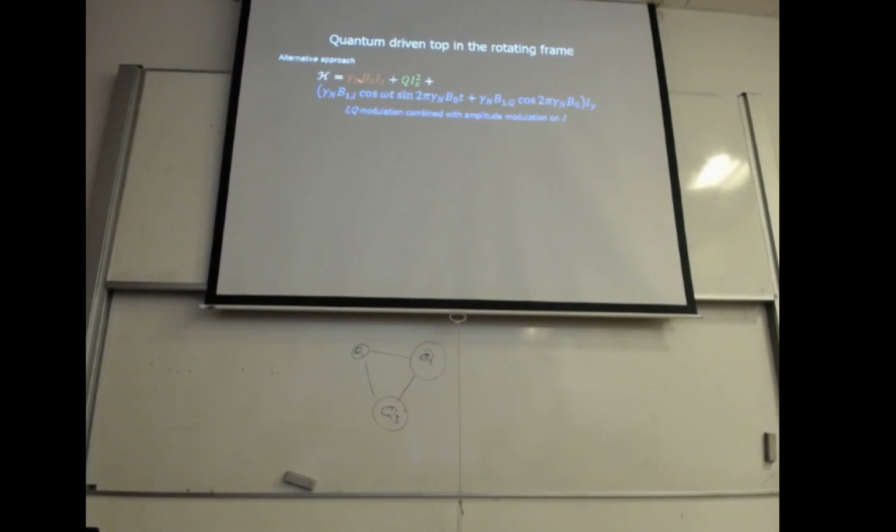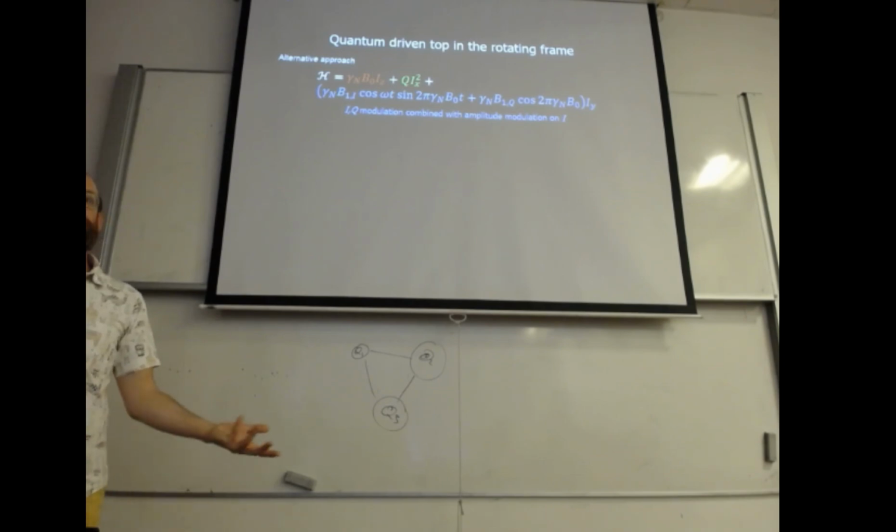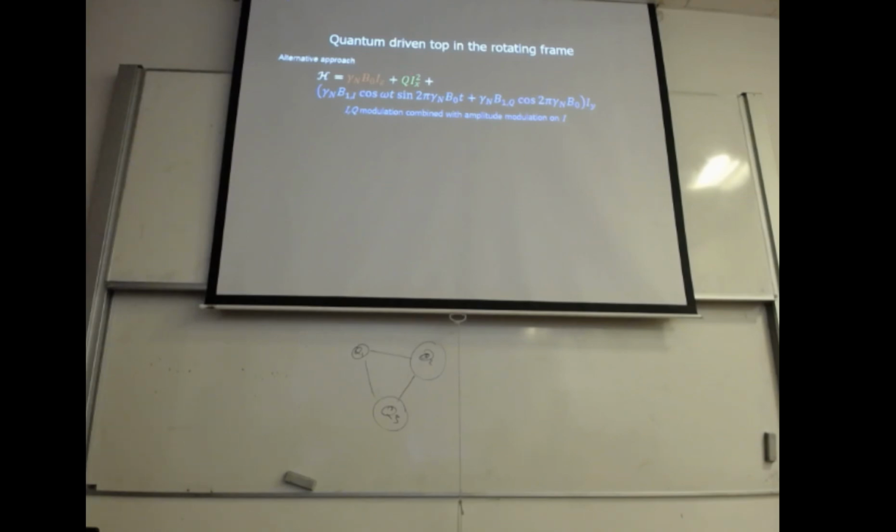The hard part is that the Zeeman interaction typically is of the order of 1 megahertz. And this interaction, you may remember from yesterday, is more of the order of 60 kilohertz or 50 kilohertz. So we are off by a factor of 20 or so, and that would be too much to create chaos. Then you can play a trick and go to the rotating frame. From an experimental viewpoint, it is not all that hard: IQ modulation and some extra amplitude modulation.